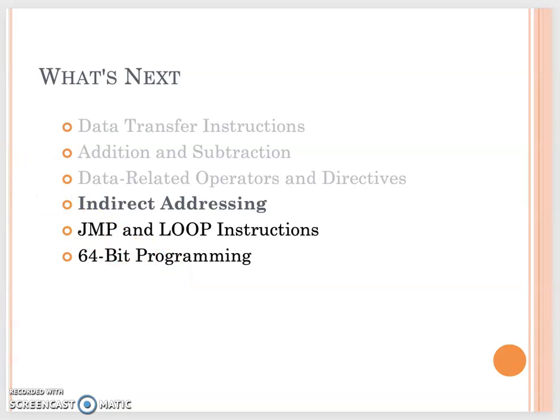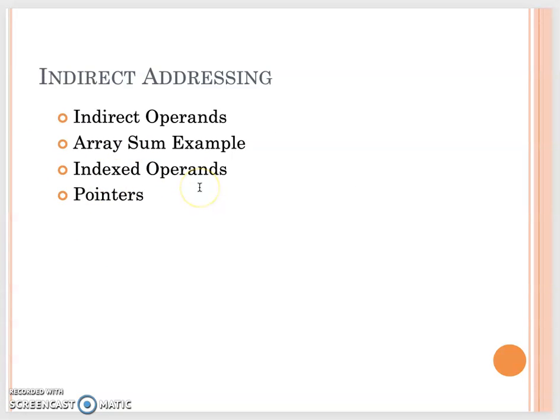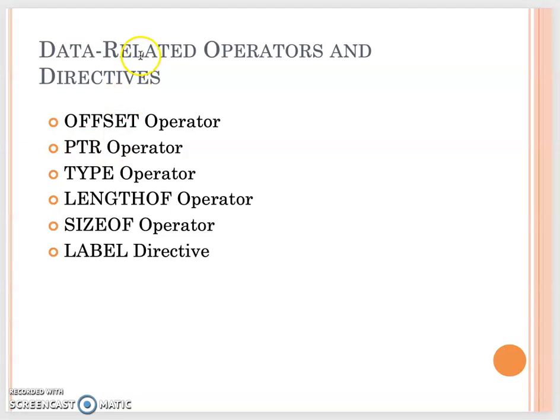So the first one, let's talk about indirect addressing. When we talk about indirect addressing, we will see what an indirect operand is. We will use sum of array, for example. But before we talk about the indirect operand, I want to remind you of some data-related operators we talked about at the end of last week: the offset operator, PTR operator, type, length of, and size of operator.